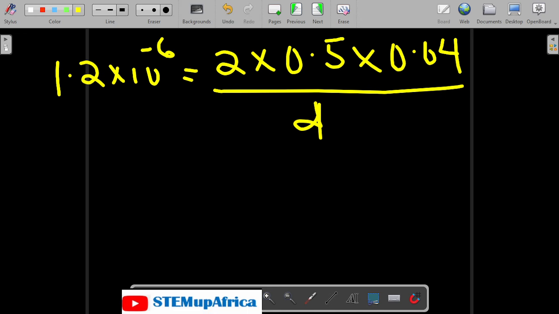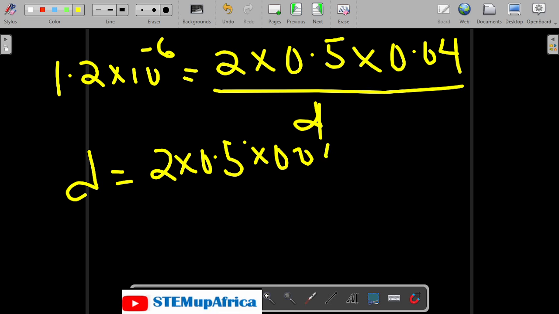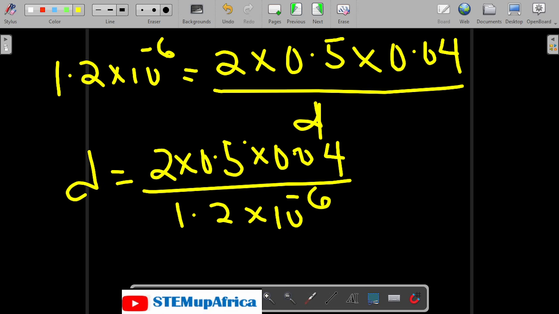So from here, I can make D the subject of the formula. By cross multiplying, I'm going to have D to be 2 times 0.5 times 0.04 divided by 1.2 times 10 minus 6.